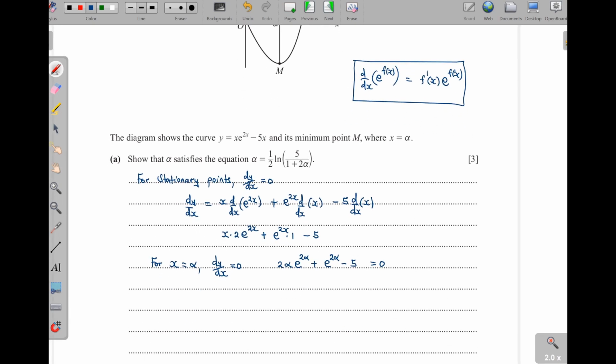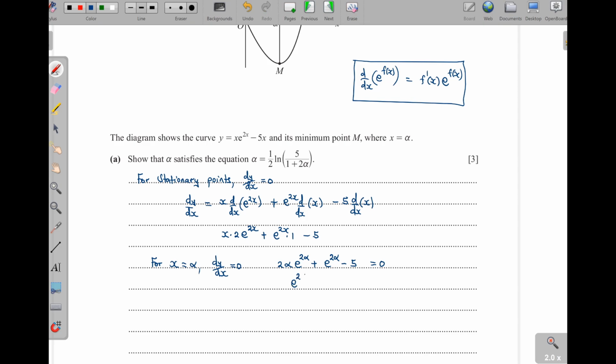Okay, then we are having this alpha here, this one and this one, so one is made the subject of the formula. Okay, and since I'm seeing a natural log here, remember we use a natural log when we are undoing exponentials, so that means the one that has gotten an e is the one that was made the subject, not so. But now e to the power of 2 alpha here is common, so I can factorize it.